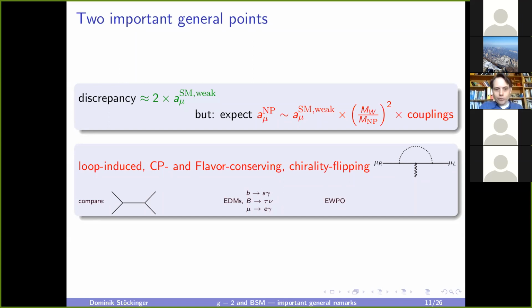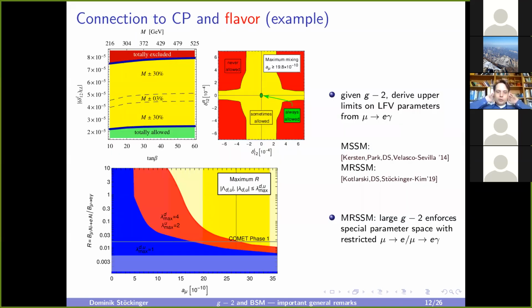Let me illustrate this complementarity just by focusing on this flavor complementarity for a moment, and afterwards coming to chirality flips. The flavor connection can be illustrated in those plots here, where you assume that g-2 is now explained by some new physics model. And here we choose two supersymmetric models, the MSSM and the R-symmetric supersymmetric standard model that we call MRSSM.